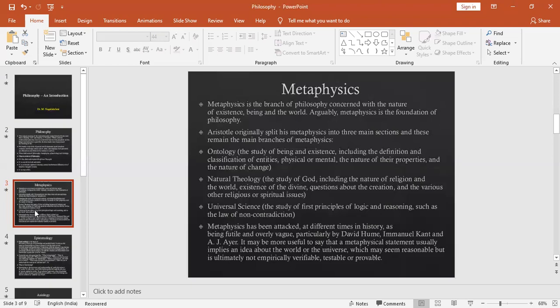Because it requires a lot of knowledge to understand what is what. It requires a lot of experience to feel what it is, right? So phenomenology is something which is related to experience.